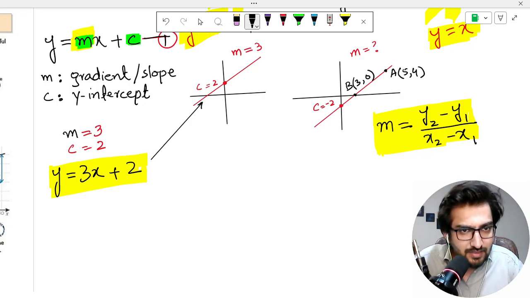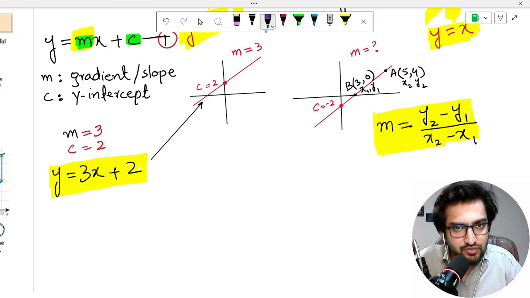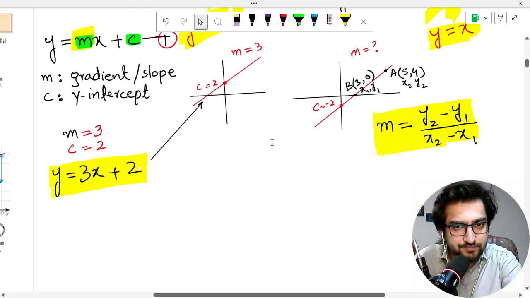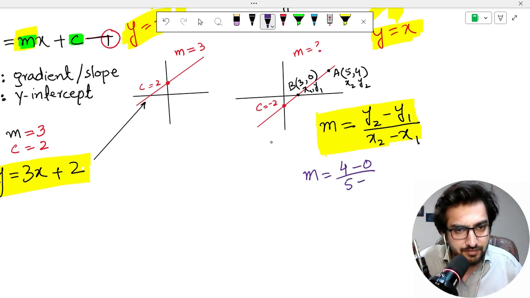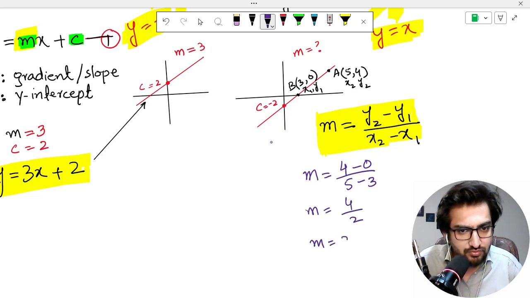So let me call this x2 y2 and this one x1 y1. And now let's put these values in this formula. M equals y2 which is 4 minus 0 divided by x2 which is 5 minus 3. So m equals 4 divided by 2, m equals 2.